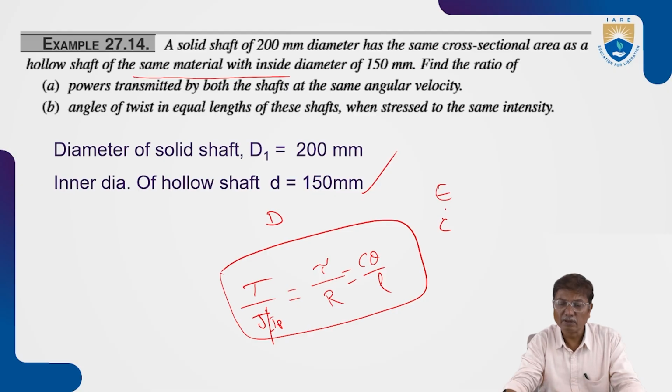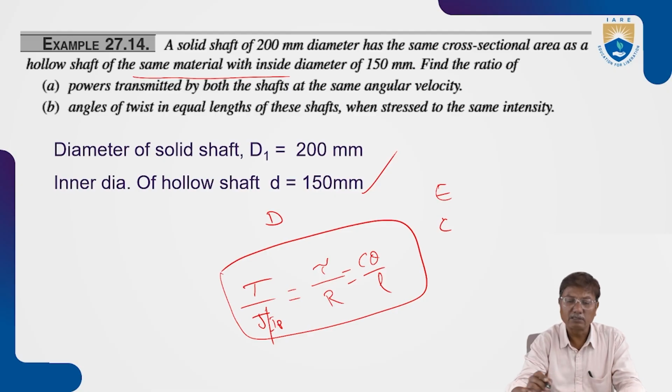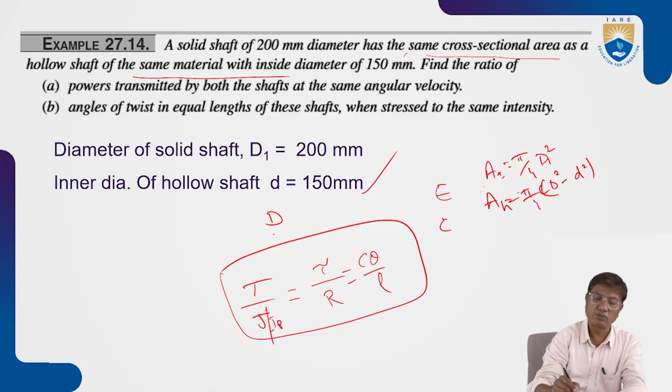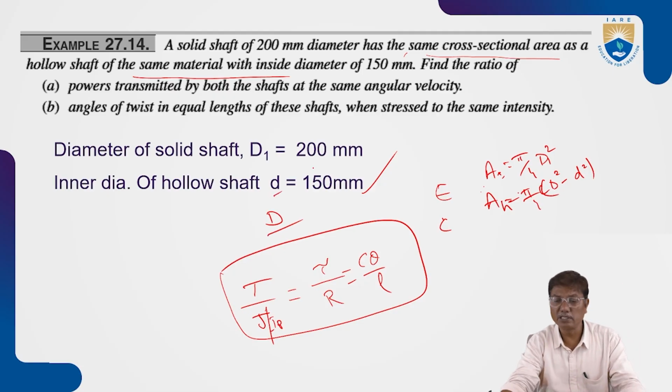And they have the same cross-sectional area. That means the area of the solid shaft and the area of the hollow shaft are equal. It is pi by 4 D1 square, or pi by 4 into capital D square minus small d square, which is the area of the hollow shaft, where capital D is the outer diameter and small d is the inner diameter.